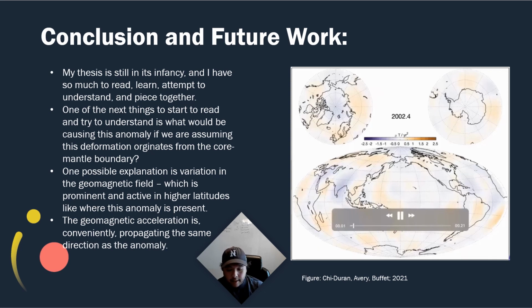The next thing, because I am nearing the conclusion of this anomaly confirmation, is maybe understand or read about if we're assuming that this anomaly originates from core mantle boundary dynamics, is that there is a geomagnetic waveform that travels at higher latitudes and does propagate westward. And this westward propagation does line up fairly well with the time span we're looking at in the western United States.